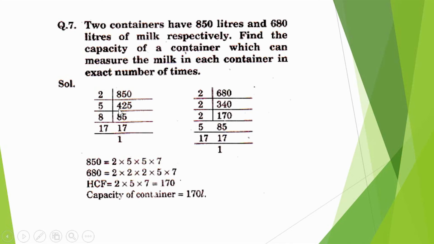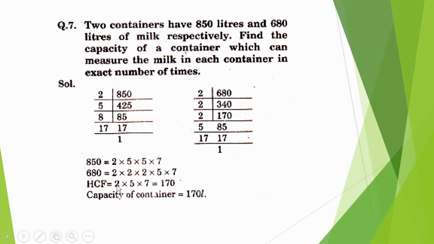Now we divide. 2 4s are 8, 2 2s are 4, 0 becomes 10, 2 5s are 10. 5 8s are 40 and 5 becomes 25, 5 5s are 25. Now 8 ones are 8 and 7. Now 8 ones are 8.